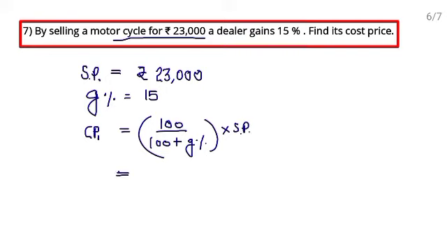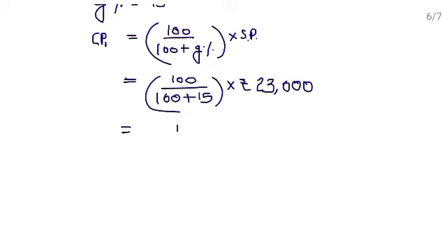Put the values. 100 upon 100 plus gain percent is 15 multiply selling price is rupees 23,000. Now this is 100 upon 115 multiply rupees 23,000.